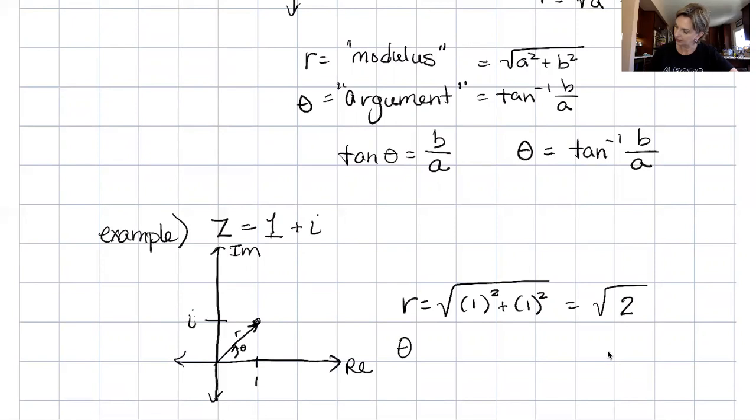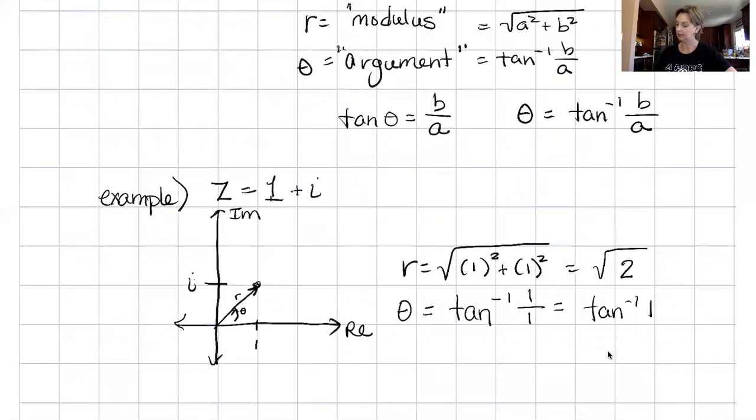Okay. And our argument, right, is the inverse tangent of y over x, which is 1 over 1, or the inverse tangent of 1. Okay, what angle in quadrant 1 has a tangent of 1, right?